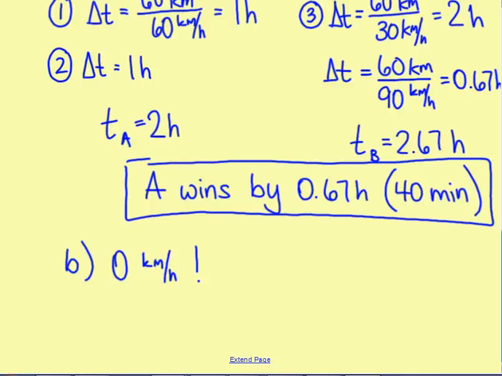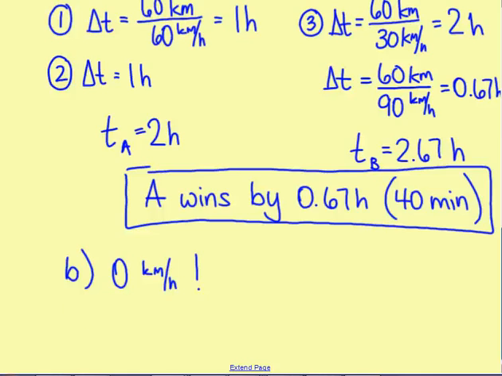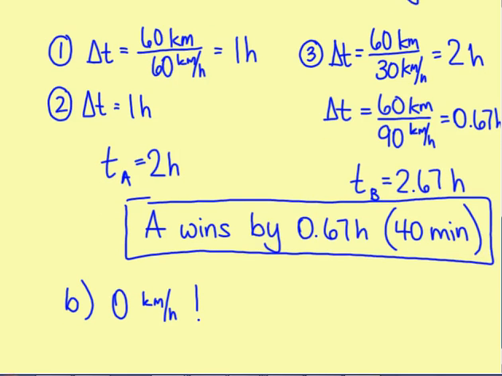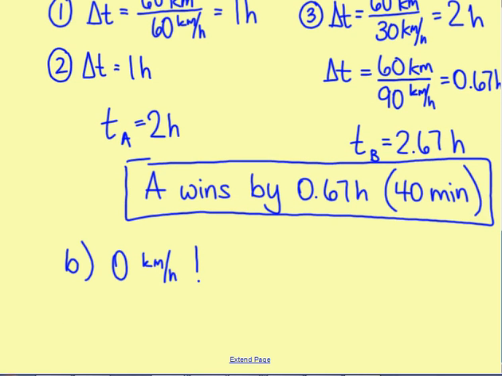Speed would be distance over time. Clearly, this is different. Notice also that if I had just averaged its velocity over its total trip, I'd be saying 60 kilometers per hour. Clearly, that's not correct either. You have to pay attention to the actual displacement to get your answer to part B.